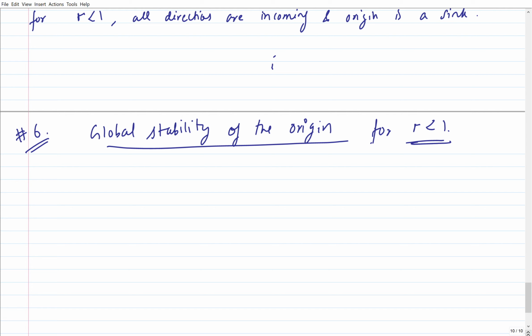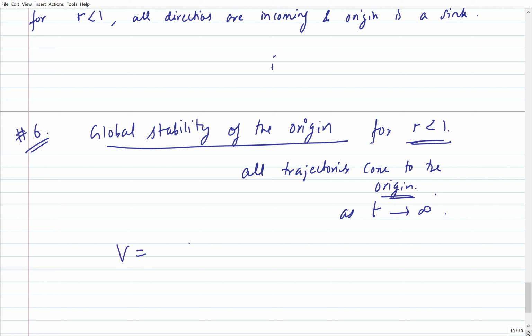That means for r less than 1, all trajectories come to the origin as t goes to infinity. So how do we show that? The proof involves something which we have not done, but essentially the idea is to define a volume.